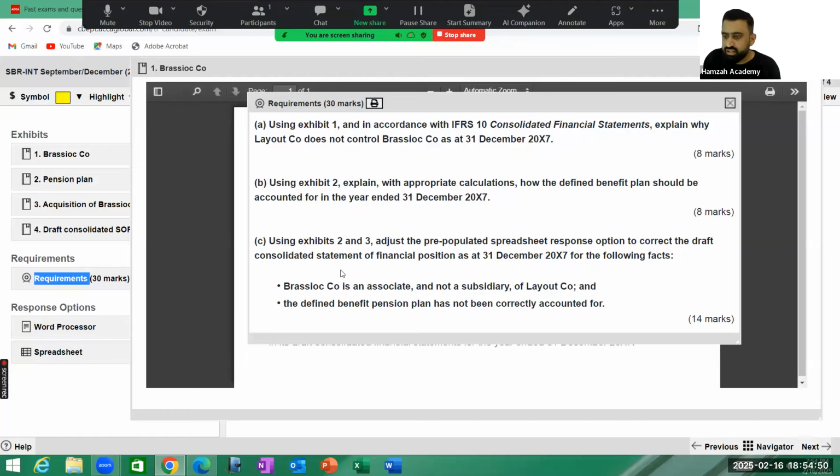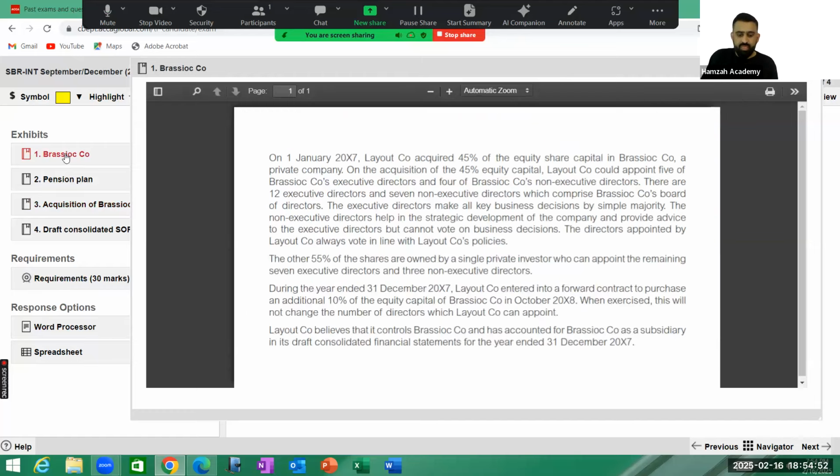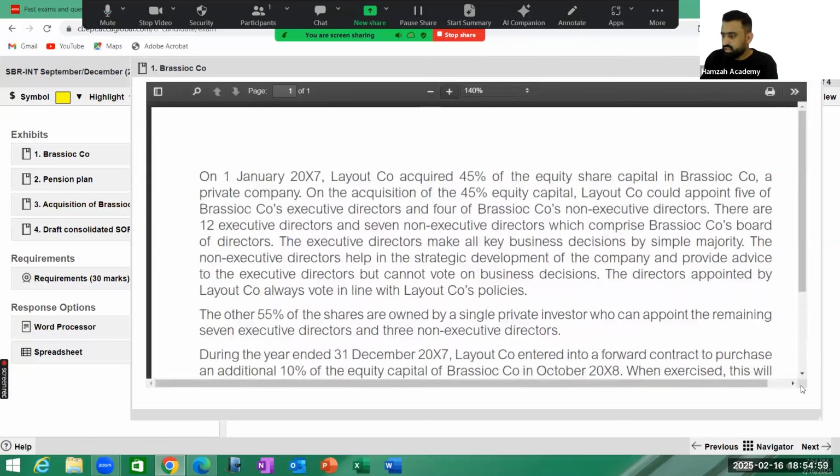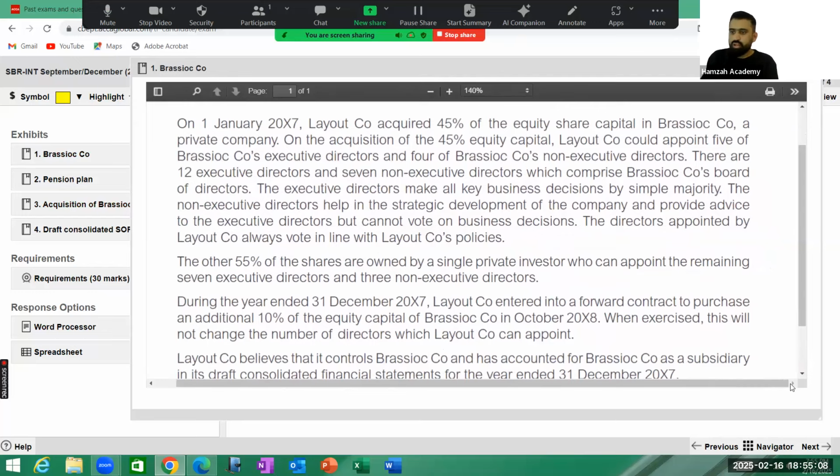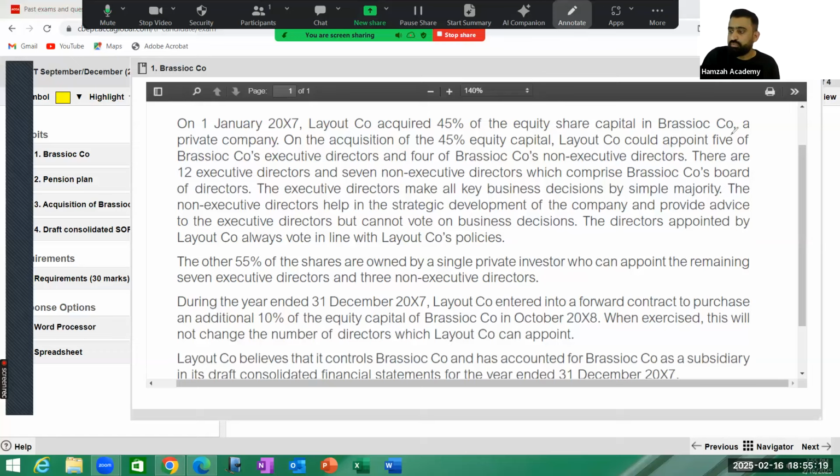Now let's read the first exhibit. On 1st January X7, Layout company acquired 45% of the equity share capital of the B company, a private company.